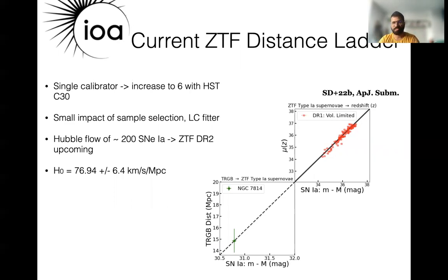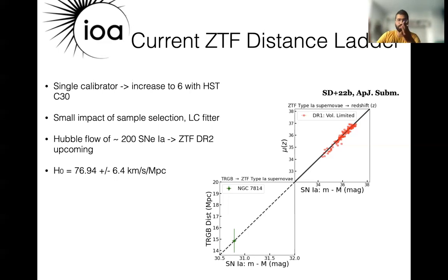And now in HST cycle 30, we have time to get more calibrator galaxies and increase this sample such that we can start bringing this uncertainty down close to 3% with just HST itself. We also see that the sample selection, whether we use full volume limited or the entire sample out to redshift 0.1, is not something that impacts H0 very strongly. We also fit with SOL2 and Snoopy, and we don't find that that changes H0 very significantly.